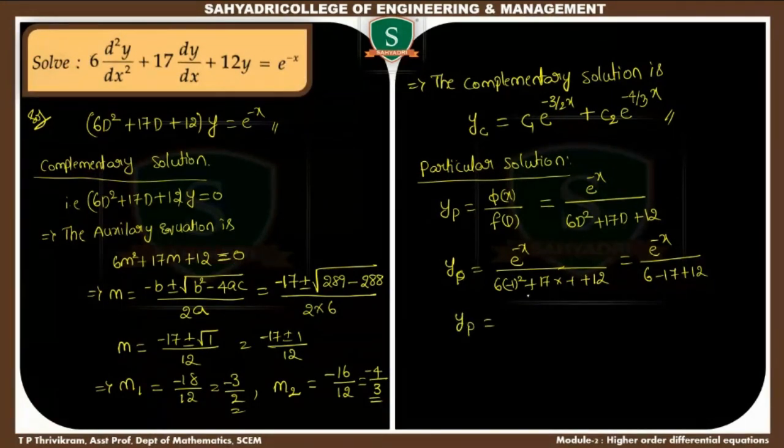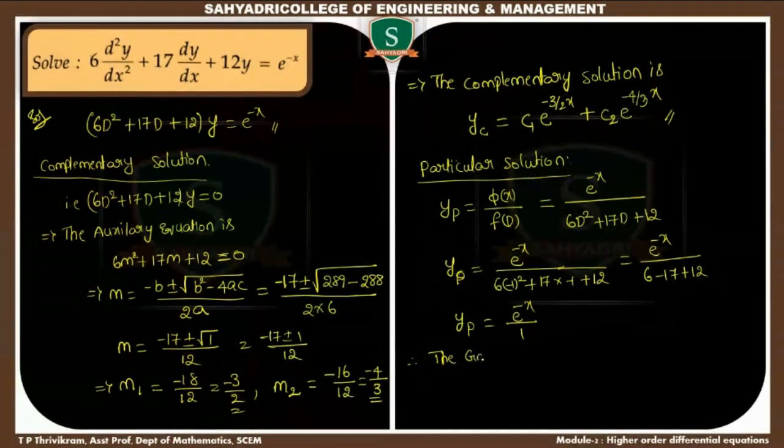So yp equals e power minus x divided by 1, which you'll get. Therefore, clubbing these two solutions will give the general solution.